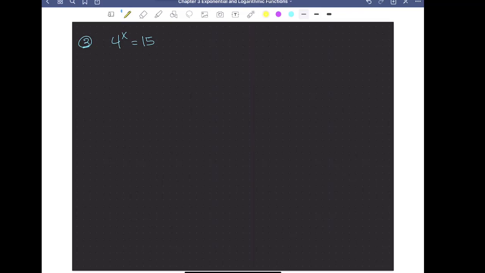Right? So I'm just going to take the natural log of 4 to the x equals the natural log of 15, right? And now, when it comes to all of those rules we learned, there's the power rule. And the power rule, what did that say?